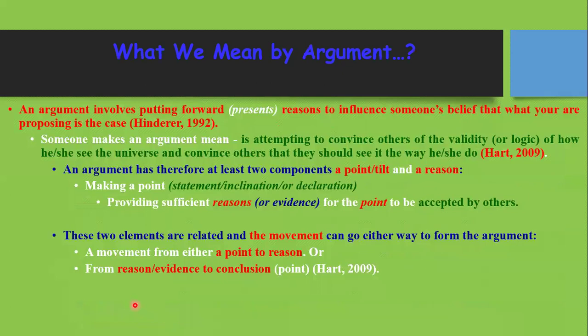An argument involves putting forward reasons to influence someone's belief. You are taking someone's beliefs, someone's argument, and on the basis of that, you are creating your own argument. So you are putting forward reasons why your argument is just like this. When someone makes an argument, he is attempting to convince others of its validity.